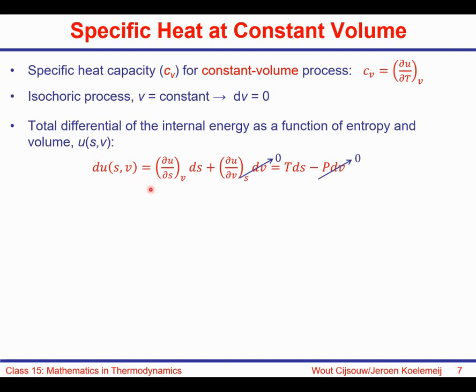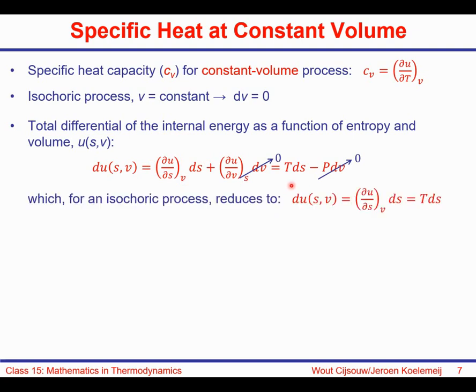By now everyone will know how to write down this total differential in terms of partial derivatives. Since this is an isochoric process, this term becomes zero, and we only retain this term here, which is equal to the TdS on this side of the equation. So this is basically what we find for an isochoric process.